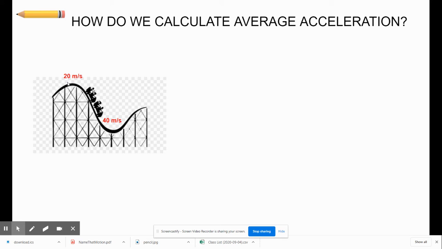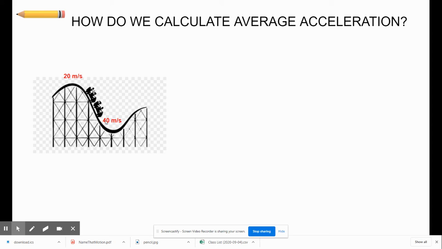All right, there it is. And at the top, right here, when that roller coaster comes around the top, it's not still, right? So we'll pretend it's already been doing its thing over there. It's in motion. And right at the top of that hill, its speed is 20 meters per second. That's its speed.